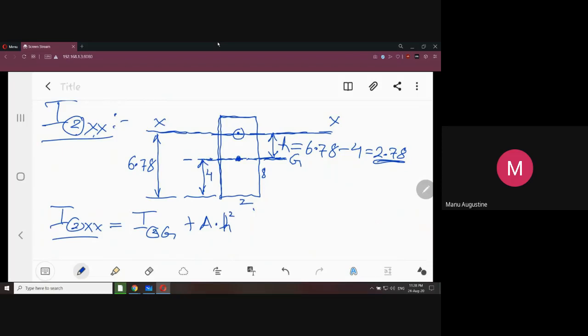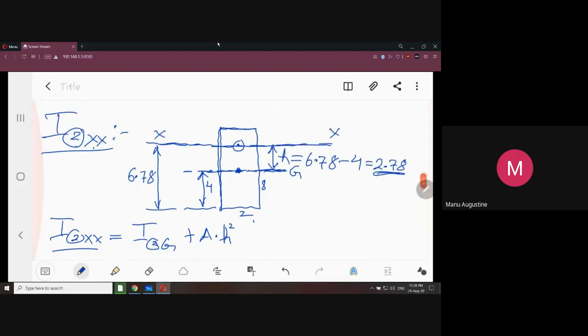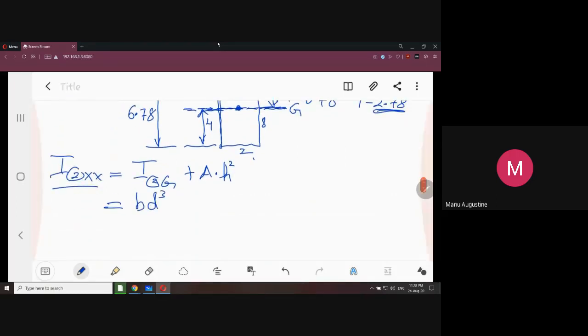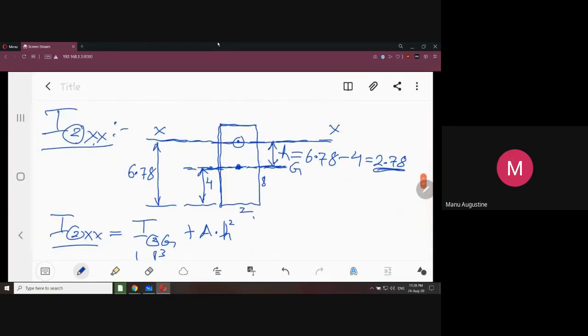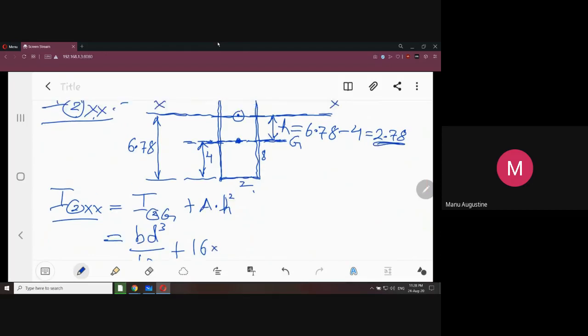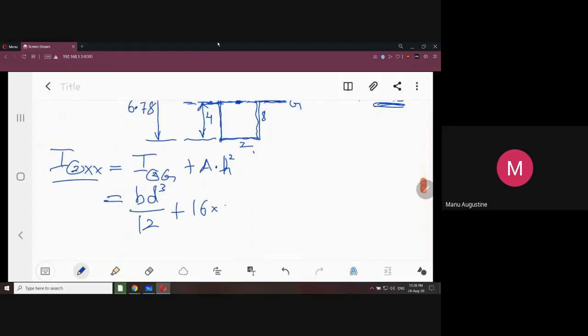So now putting all the values here, I2G, since this is the centroidal axis of the second area, we can simply apply the formula of BD cube by 12 plus area of the rectangle itself is 8 height multiplied by width 2, that is 16 centimeter square, multiplied by the value of h as calculated by us is 2.78. So this will be 2.78 square.